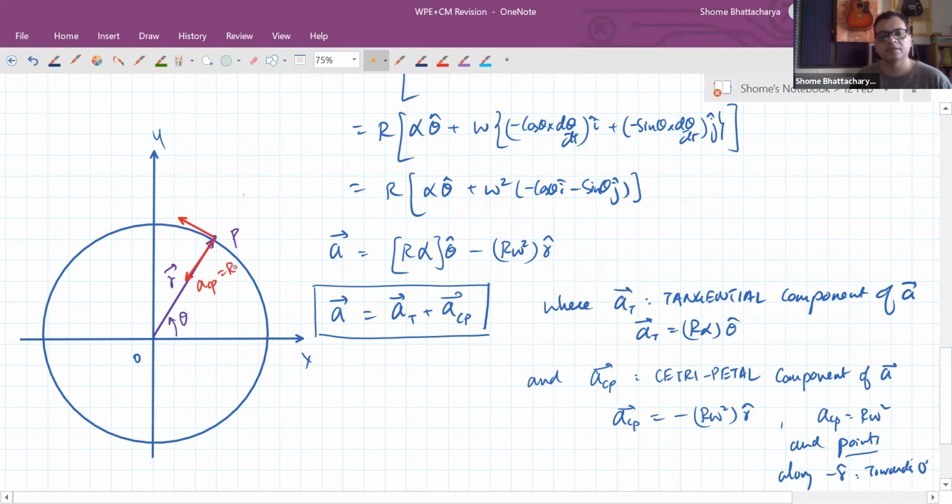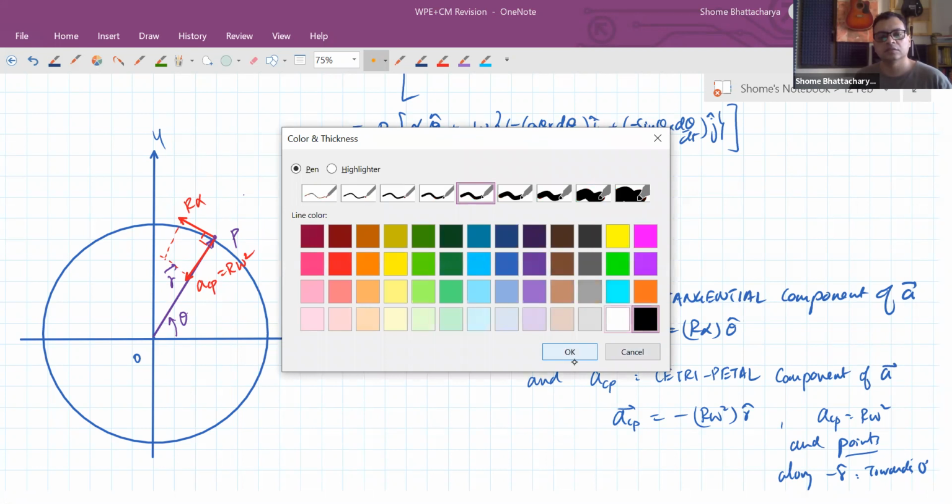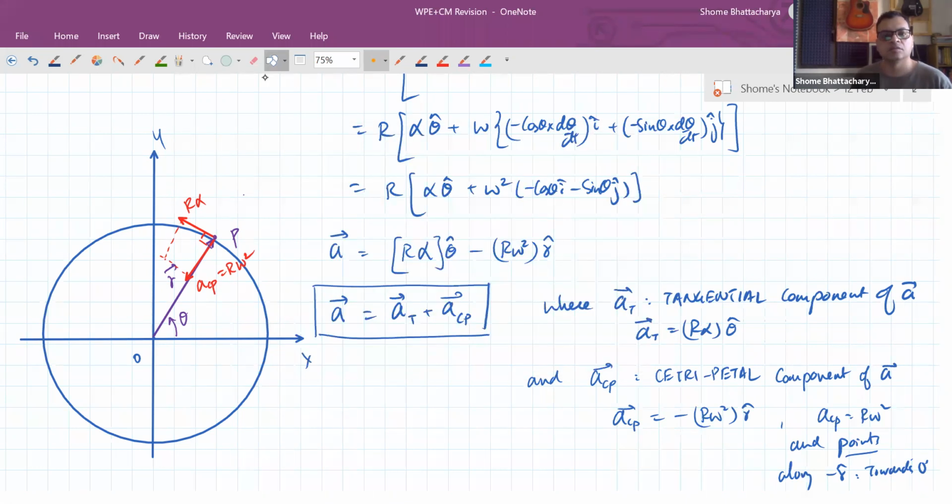So this would have a magnitude of r omega square. This would have a magnitude of r alpha. And that means the net acceleration would be the vector sum of these two. So the net acceleration vector would be this. So this is about acceleration in circular motion in general.